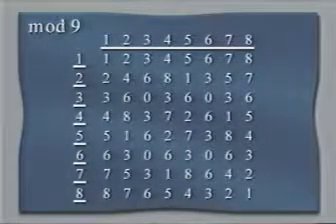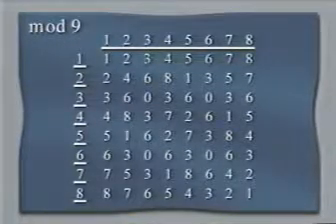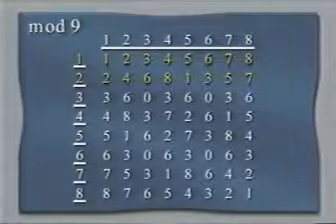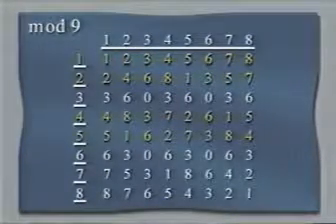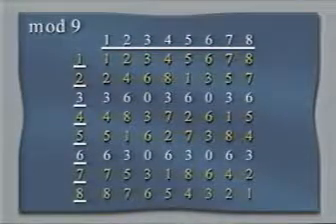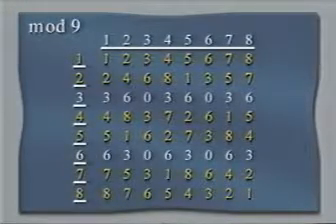And the modulo 9 system has some rows, 1 and 2 and 4, 5, 7, 8, all have all the digits. But 3 and 6 do not. So our conjecture that odd modulo systems would work and even would not does not work. And again, that's okay. You make a conjecture and you find, no, that doesn't work.